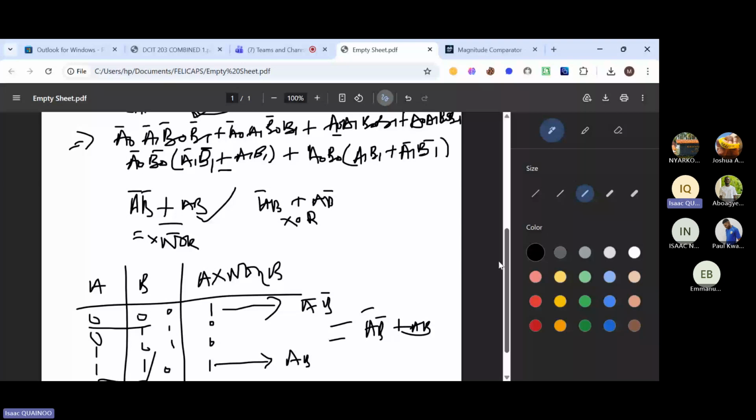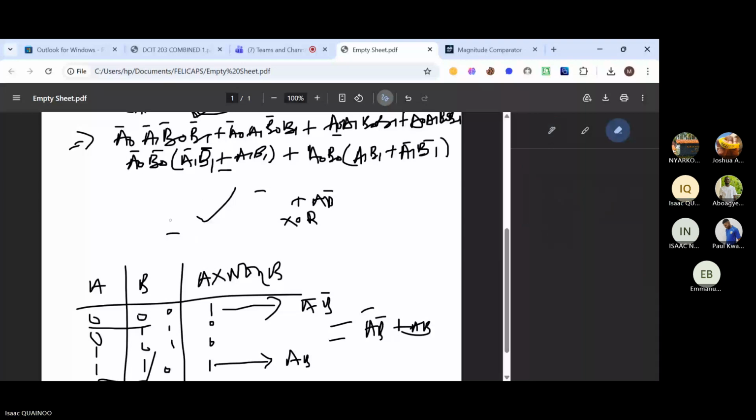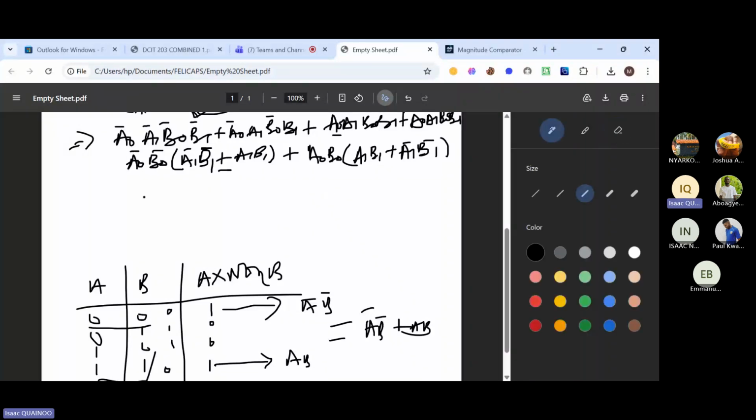We can just come and say straight away, replace everything here in the bracket as A0 bar, B0 bar.